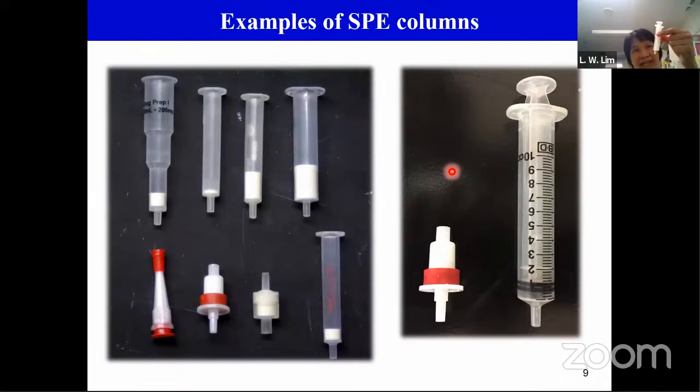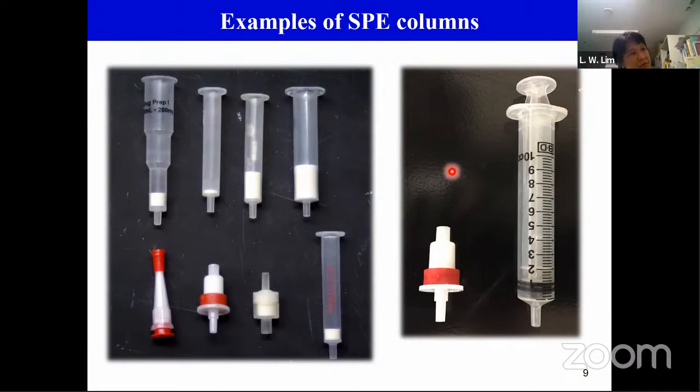In some cases, we cannot use glass because glass will leach some compounds inside. So usually we just buy a disc like this. Different discs will have different kinds of compounds.